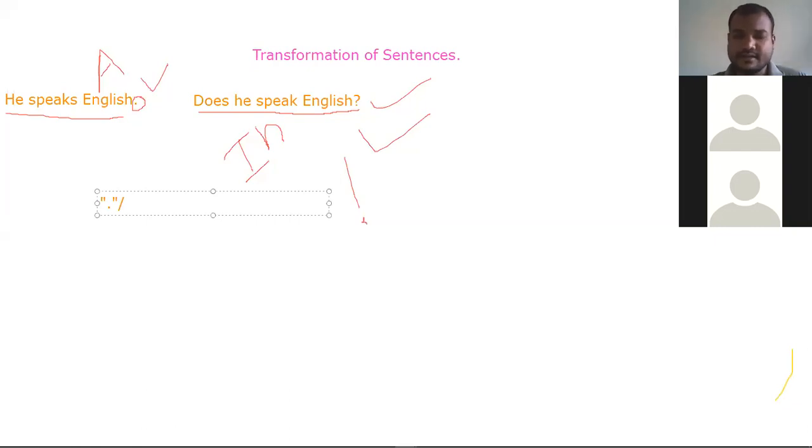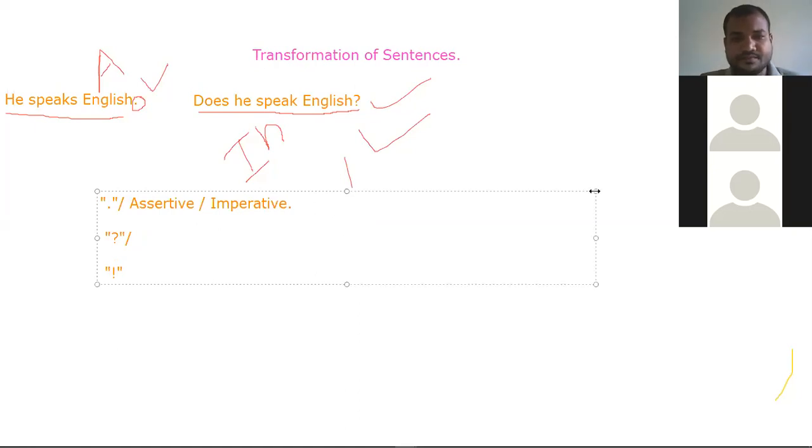Next, a sentence ending with a question mark is known as an interrogative sentence. Correct? A sentence ending with an exclamatory mark is known as an exclamatory sentence. Right. So again, a sentence which ends with a full stop might be an assertive or imperative sentence.